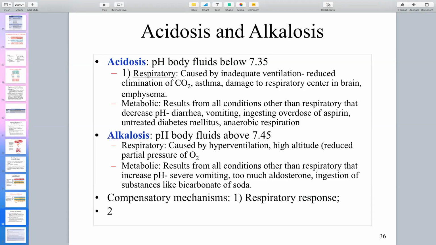The renal response is either releasing or secreting hydrogen and reabsorbing bicarb.